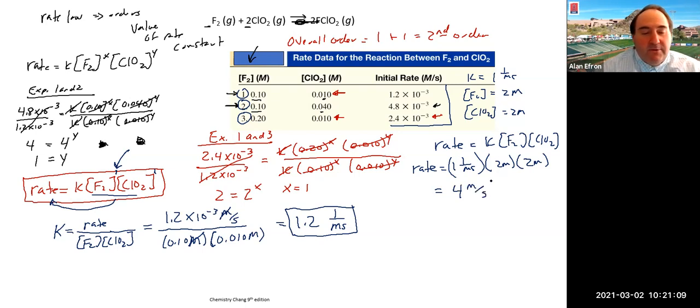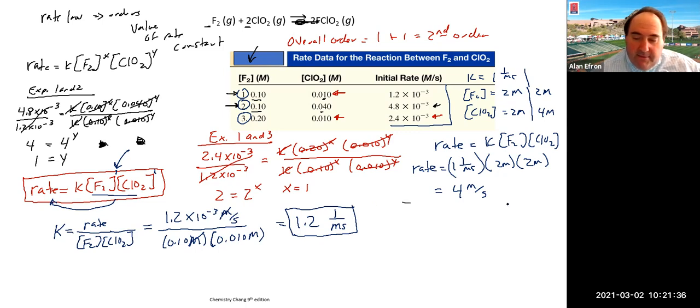So how does one reactant affect the other reactant? Because in this case, they're both first order. Let's just say that we kept, in another experiment, the F2 concentration the same, but we decided, hey, let's double the amount of ClO2 we throw in there. So let's throw in there 4 molar, right?